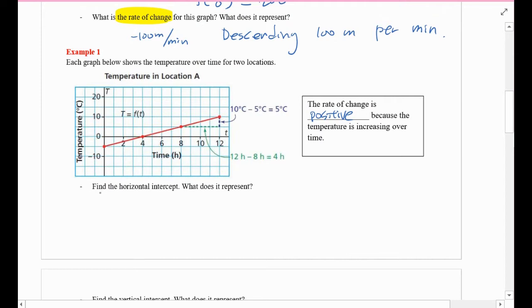Okay, let's look at the first question. Find the horizontal intercept. What does it represent? Here, the horizontal intercept is 4 hours. What is the temperature after 4 hours? It's 0. So we say the temperature is 0 Celsius degrees after 4 hours.